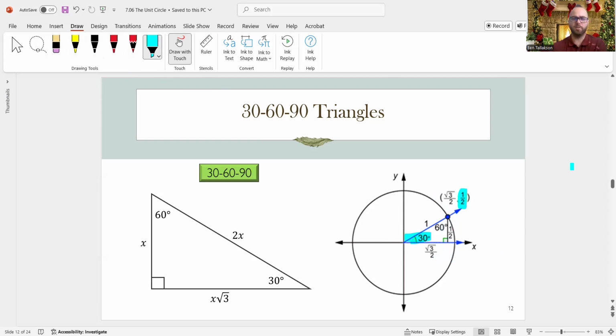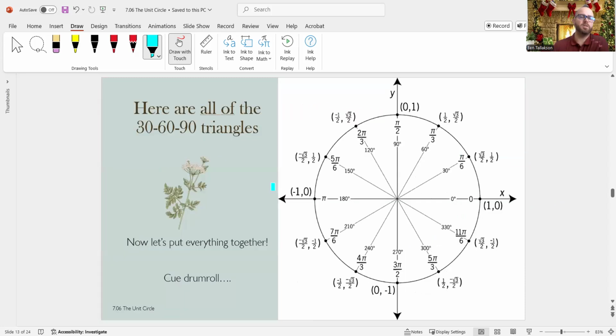How many of these do you feel there are on the unit circle? Well, you might be thinking four again, because there were four with the 45, 45, 90, but not quite, because these triangles are a little slimmer. There's actually two in each quadrant. Let's break it down.